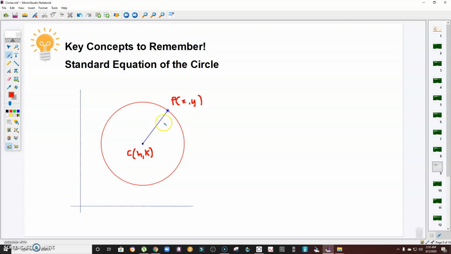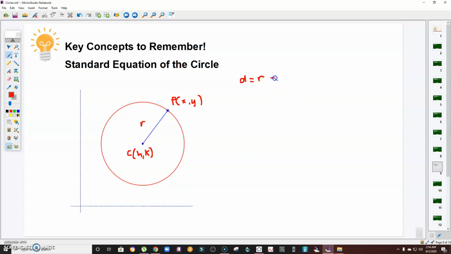Also, the definition says that distance is the radius, right? To get the distance between the two points, we use the distance formula, and that distance is the same as the radius.